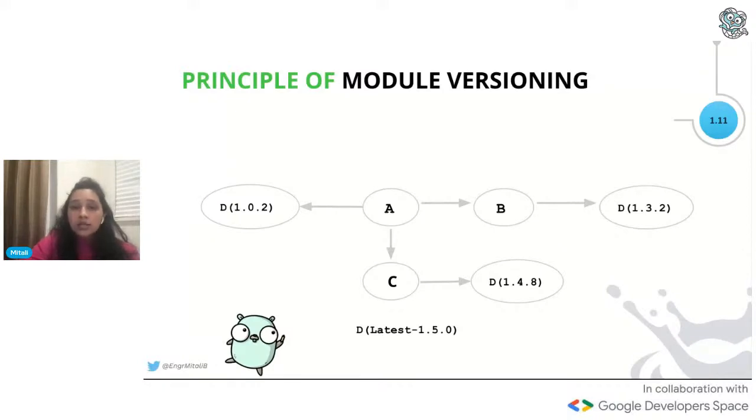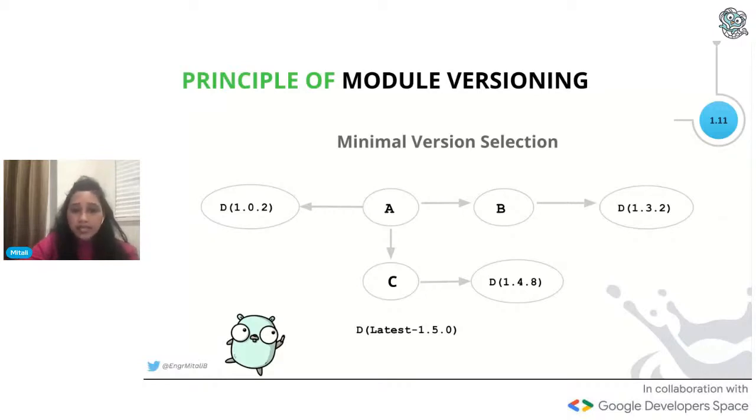In Go, there is a principle called minimal version selection that has been introduced, which says that the module should import only the latest but not the greatest. That means the minimum version that is needed to actually build a particular module will get imported rather than the latest one.